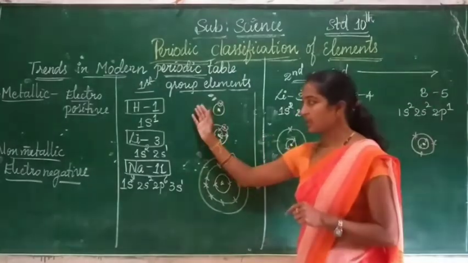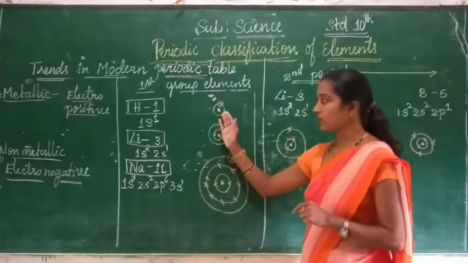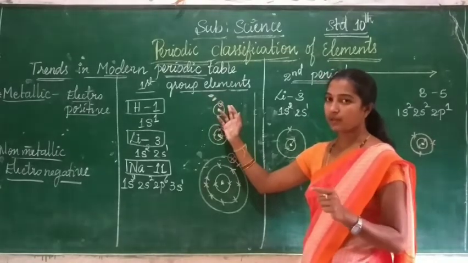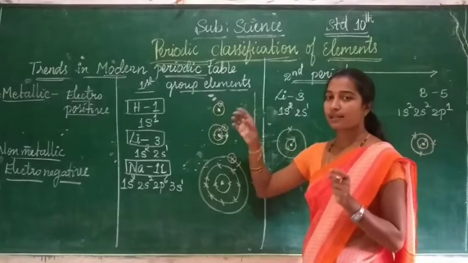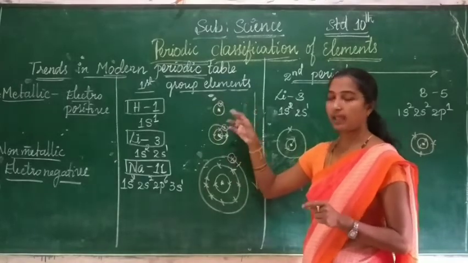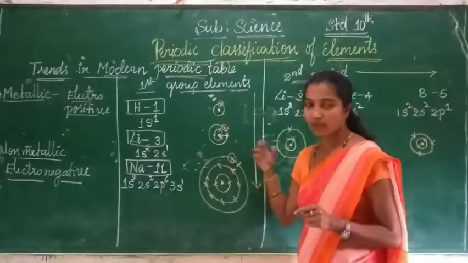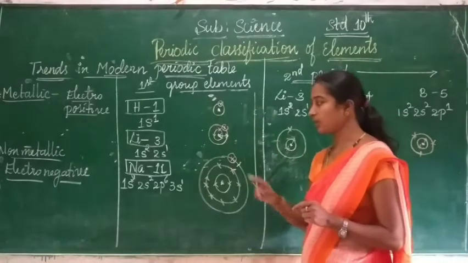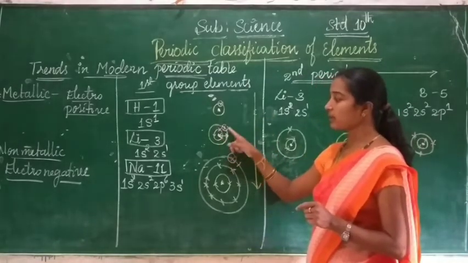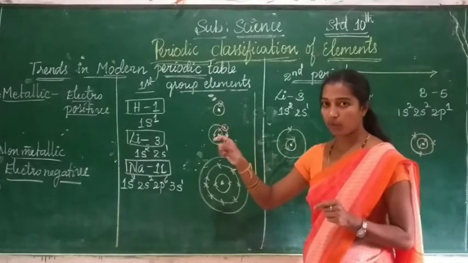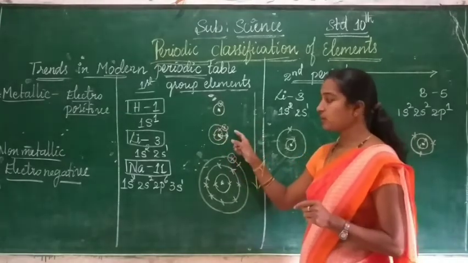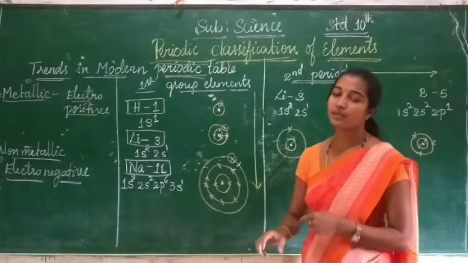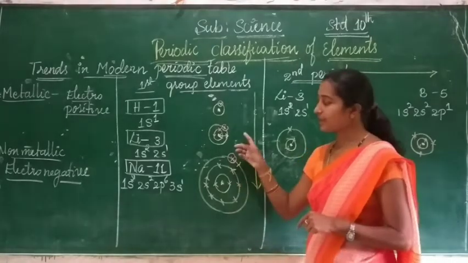Children, see now, in hydrogen there is only one shell. It has one electron. It takes some energy to remove this electron. Now compare to lithium. Lithium has one electron in its outermost shell, but the distance between the nucleus and this shell is quite more. Due to this reason, it needs very little energy to remove this electron.